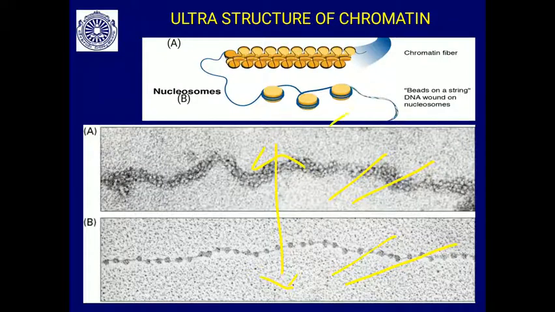This is the string of nucleosomes, and it is folded to form the chromatin fiber or the solenoid fiber. During transcription activity, they may be in the form of a nucleosome string, and when they are not, they may occur as the chromatin fiber.